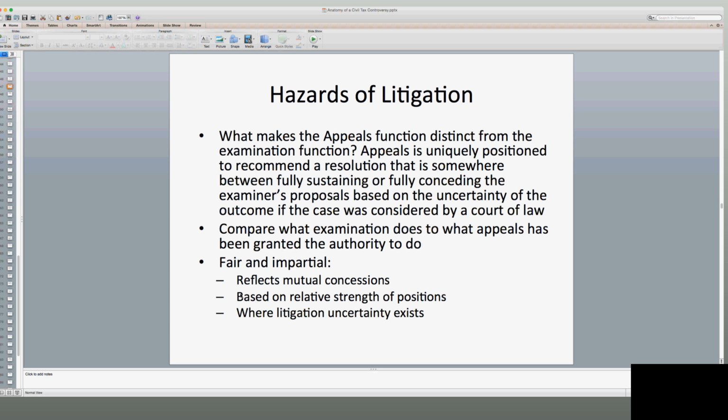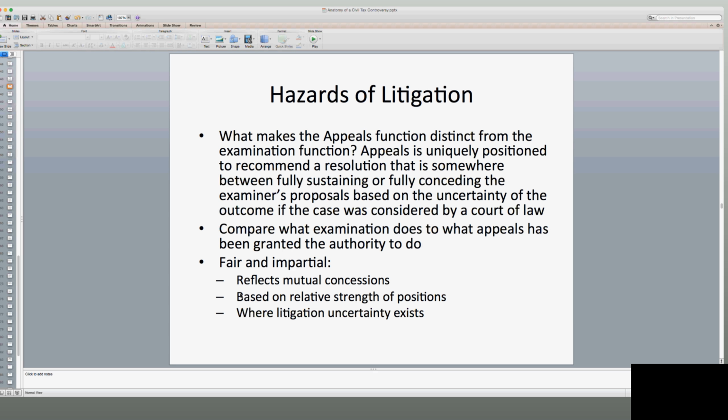Now, what's interesting here is that, yes, the appeals officer actually has to have some knowledge about case law precedent, because otherwise, how would they be able to weigh or take into consideration the uncertainty of the outcome if the case was considered by a court of law? Now, it's a bit of an oxymoron because you'll find that none of the appeals officers have trial experience.